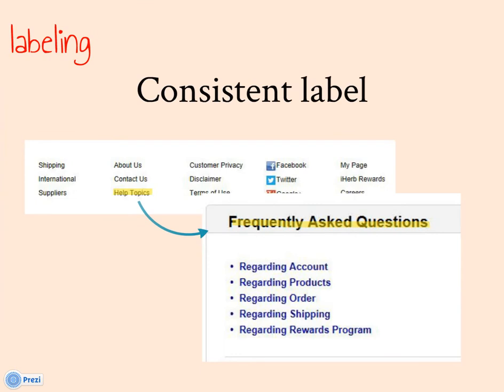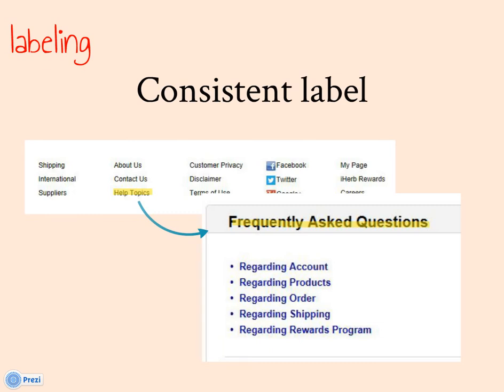When we choose one term for a label, we should stick to it. For example, when the website chooses the label for help as FAQ, they should stick to it, and not also use frequently asked questions or help. However, iHub uses both help topics and frequently asked questions.